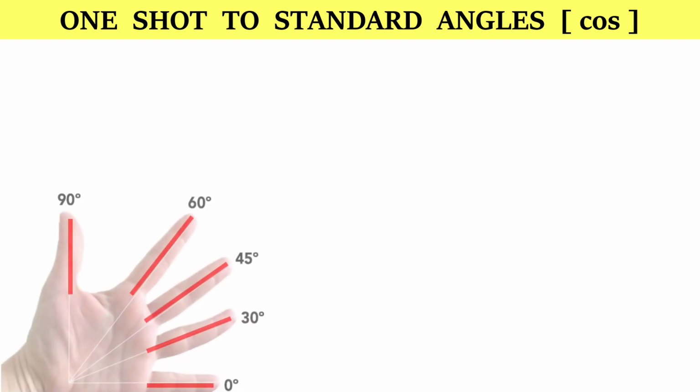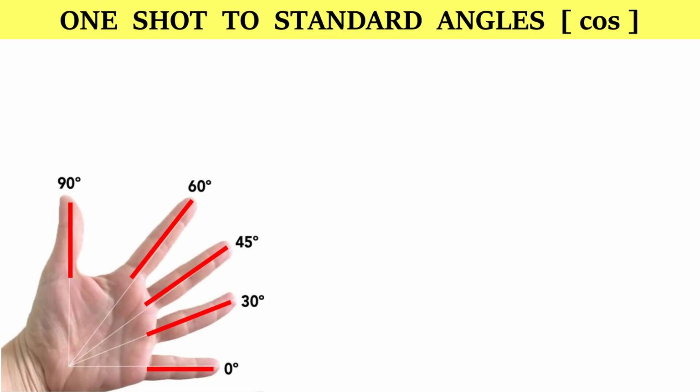First of all, let us learn the one shot method for standard angles. Let us first take cos. So let's draw the palm once again. Once again let us recollect. The little finger is 0 degree, the ring finger is 30 degree, the long finger is 45 degree, the index finger is 60 degree and the thumb is 90 degree.